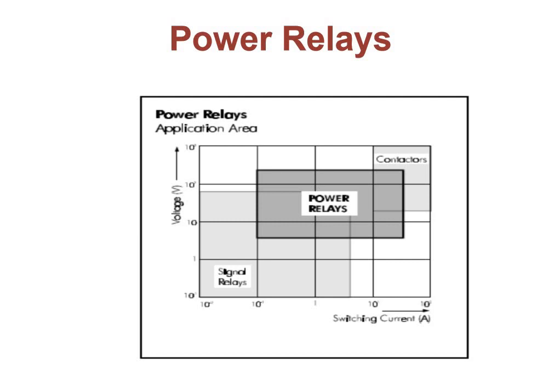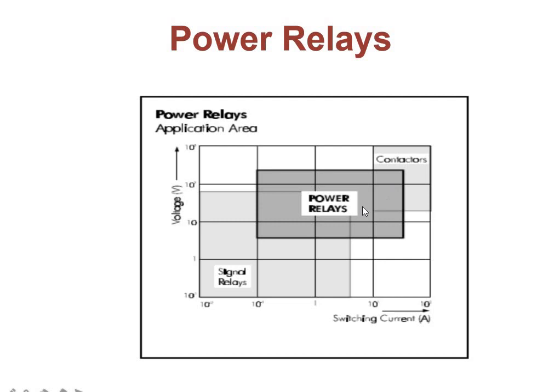Then power relays. According to IEC standard 255, these are the relays which switch up to 600 volt and 100 ampere. The high current area overlaps the switching range of the contactors, as you can see.